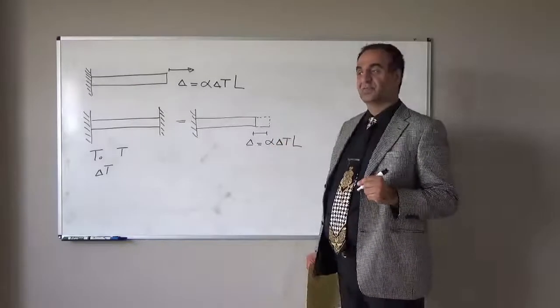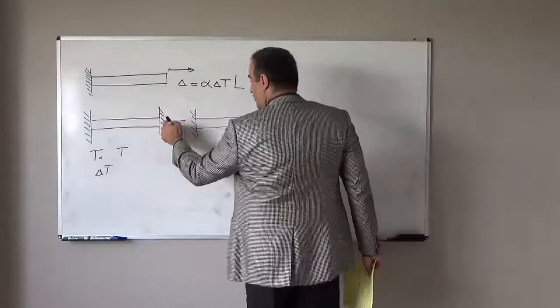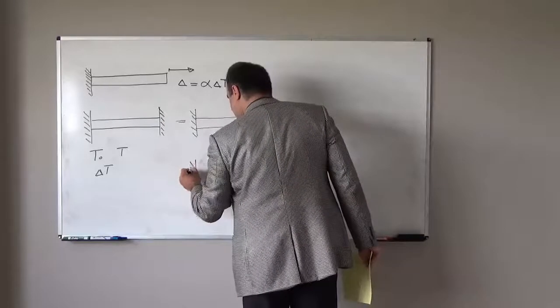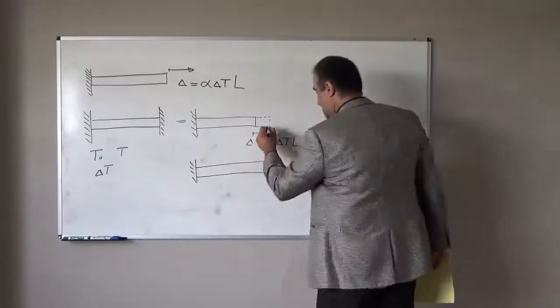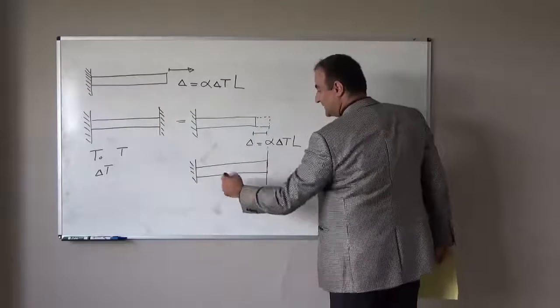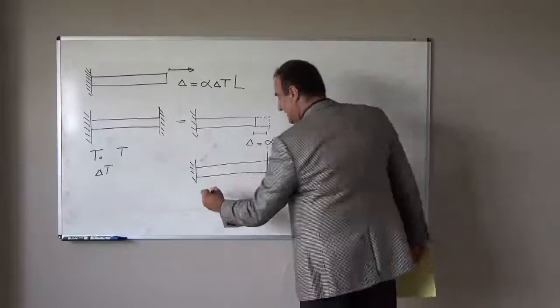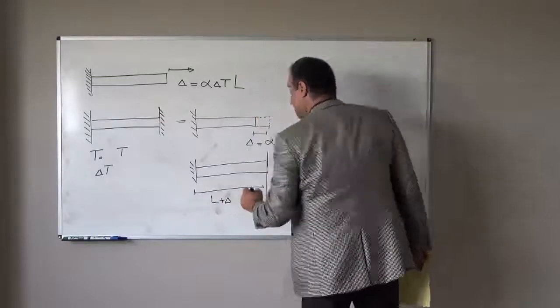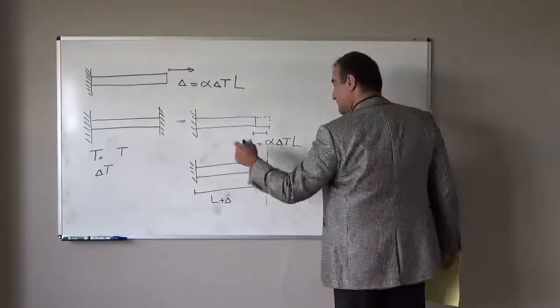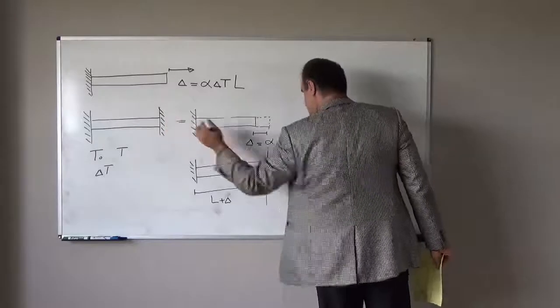Because of this deformation, this support will apply a reaction after deformation up to here. Now the length, instead of L, is L plus delta. Because of this deformation, we will have a reaction in this support.